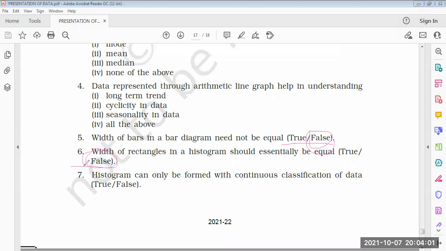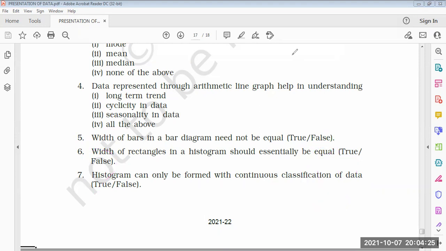Fifth also false. Sixth also false. Histogram can only be formed with continuous classification of data. Is it correct or not? True. Yes. In the previous class, we converted discrete data into continuous data, because the bars will be like this without any gap. So continuous data is required for histograms.